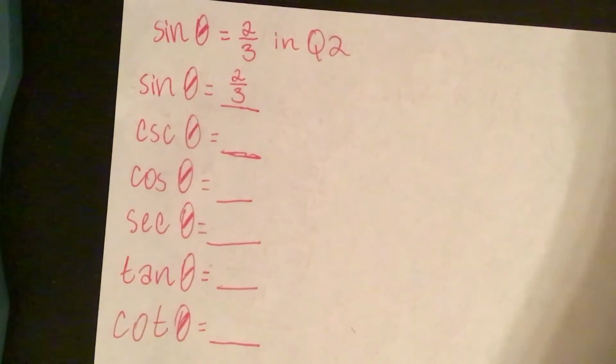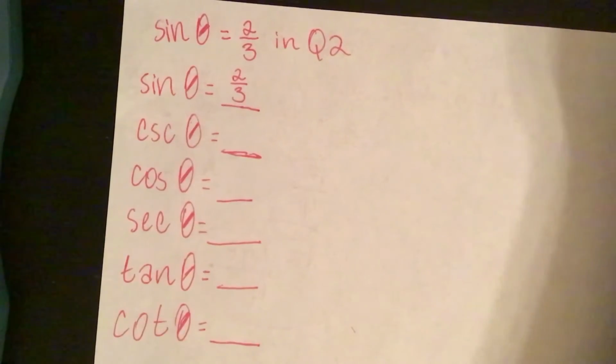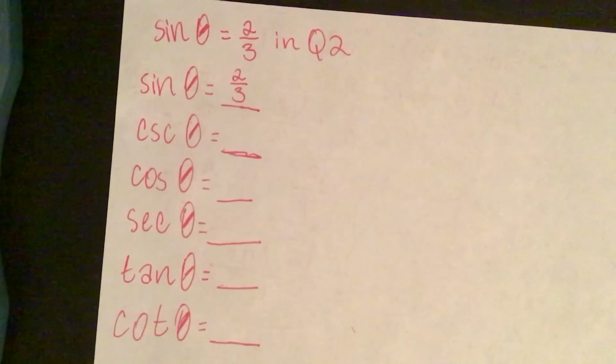We have to remember and recall that in quadrant 2, some values are going to be negatives and some values are going to be positives. Now, the way I remember it is I try to remember which ones are positive rather than the negatives, because there's more negatives than positives in each quadrant. So, in the first quadrant, we know that everything is positive. In the second quadrant, we know that sine and cosecant are going to be positive.